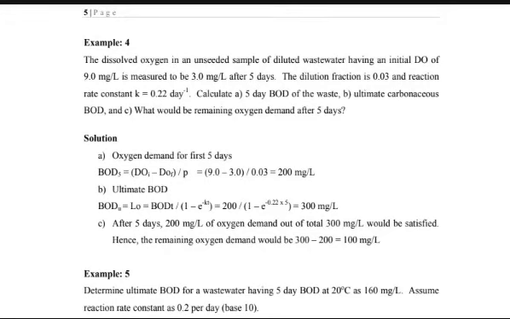Now what is the meaning of BOD5? Biochemical oxygen demand for the first 5 days. Here it mentions how much oxygen demand there is in that particular time period.